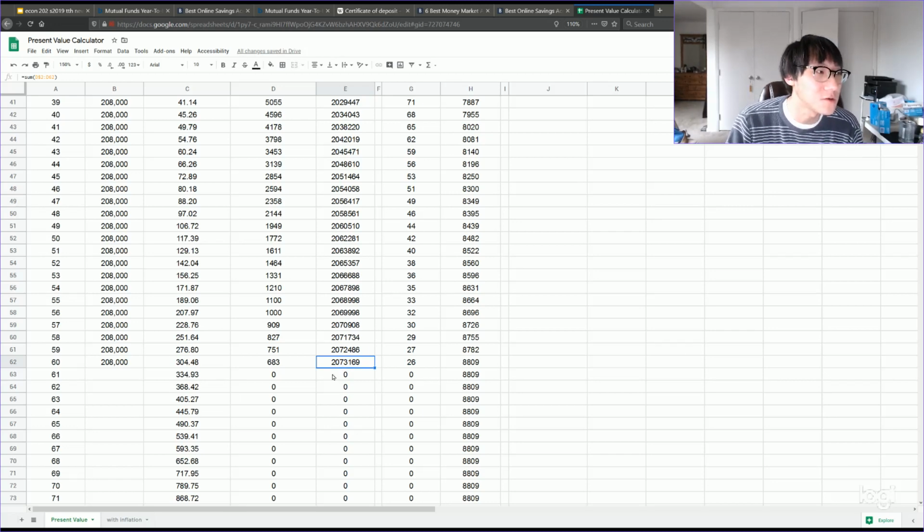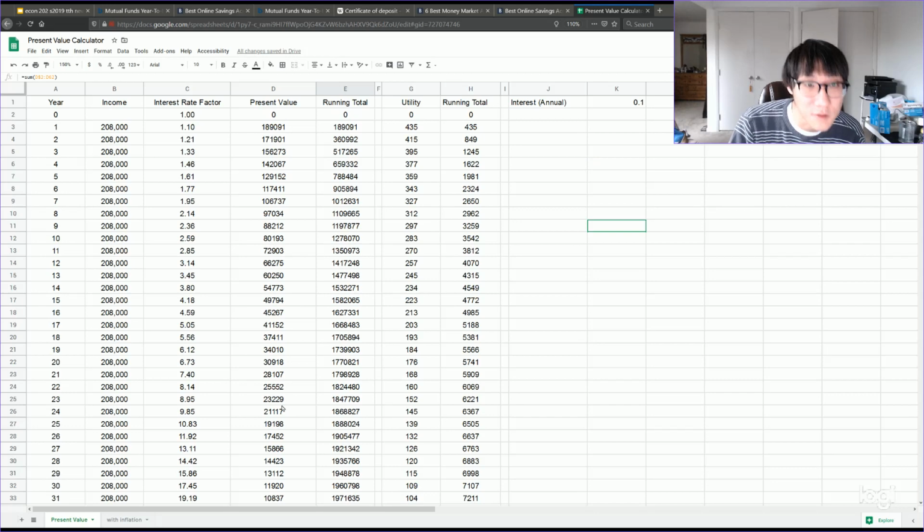This is very close to the $2 million option that was the other option in our example. So the present value of 5 grand a week for the rest of your life is very close to $2 million. So at some level, you could say that these two options, at least in present value terms, are essentially equivalent.